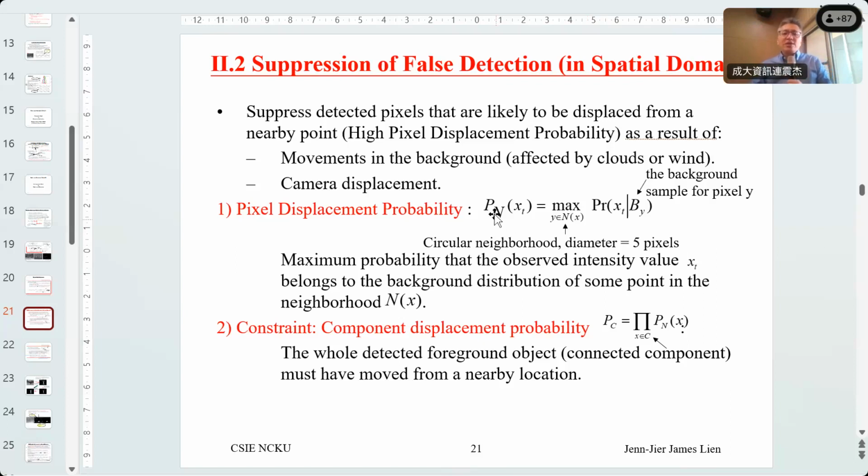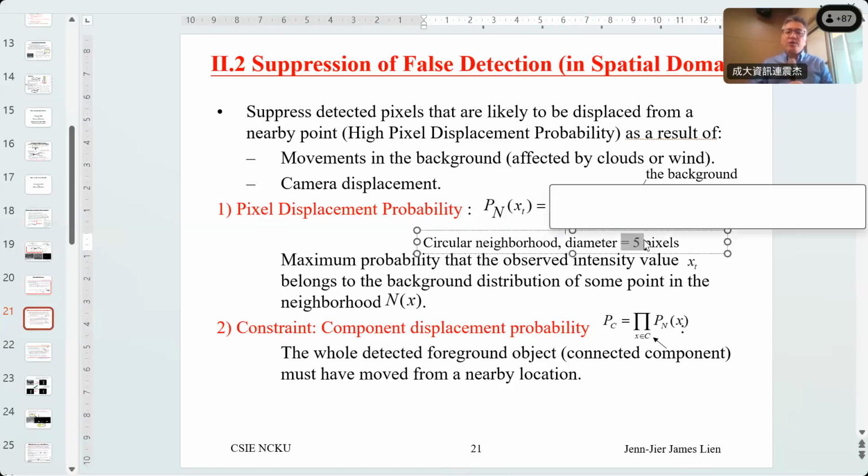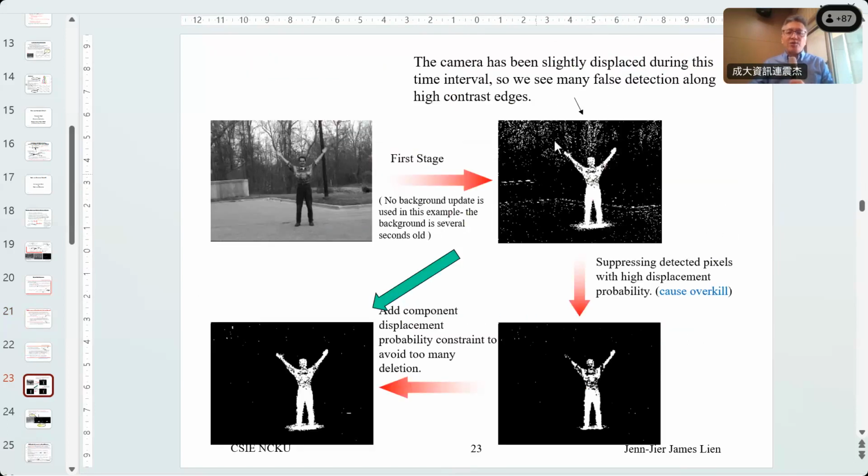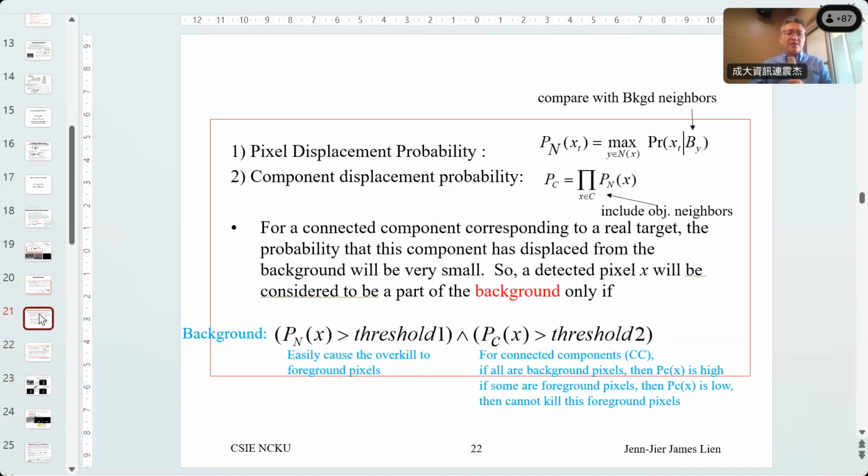So first of all, this equation means, suppose you have a window. In this example, the window size is 5 by 5. The purpose is to delete those noise pixels. How can we delete the noise? The method is this one.